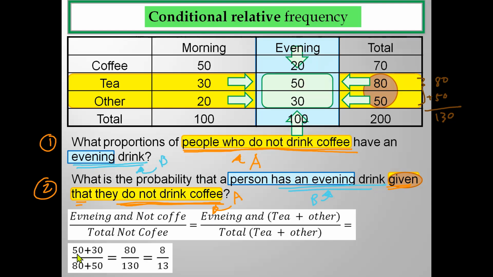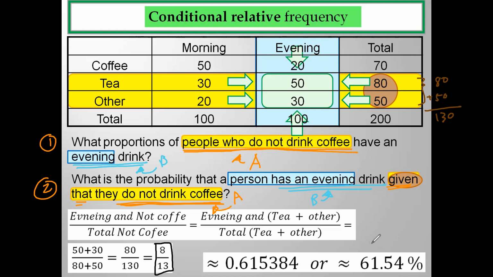So we'll end up with 50 plus 30 divided by 80 plus 50, which simplifies to 80 over 130, which gives us the proportion of 8 over 13, which gives us the percentage of 61.54 percent. Just to remind ourselves, we're looking for the probability of B given A.